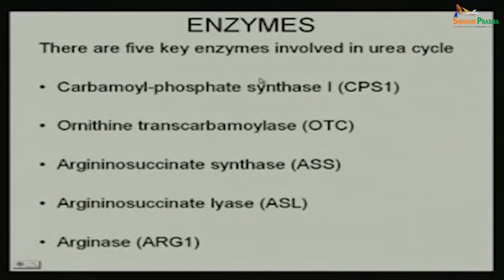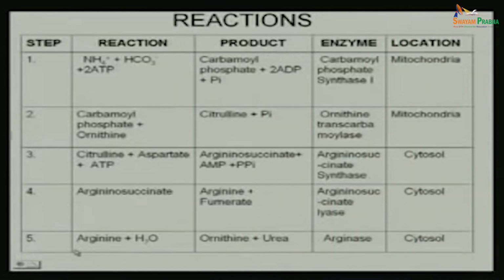If we look at the different enzymes, we can find carbamyl phosphate synthetase 1, ornithine transcarbamylase, arginosuccinate synthase, arginosuccinate lyase and arginase playing a vital role in this urea cycle.